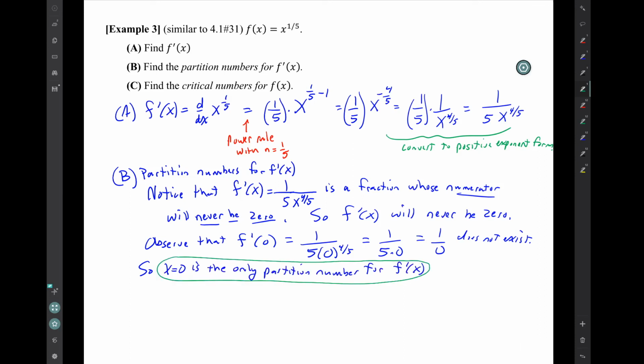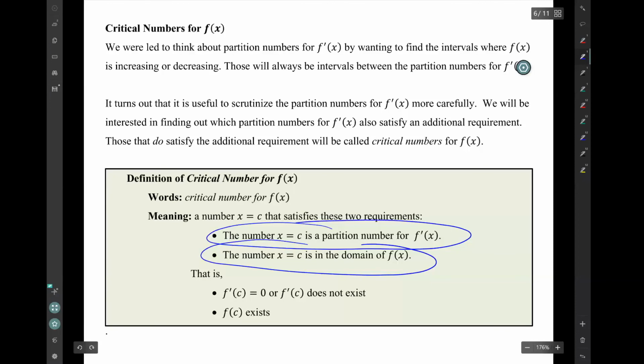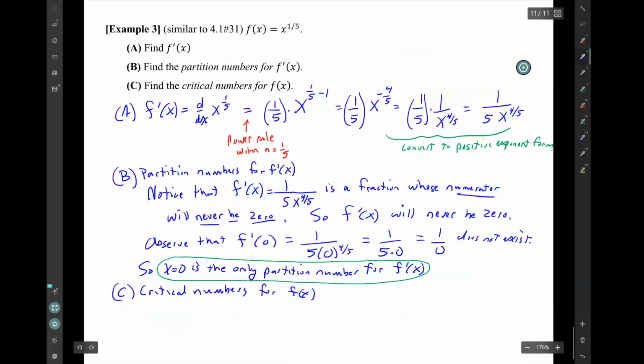Now let's go on and answer question C. We have to find the critical numbers for f of x. Let's go back up and review the definition. We're looking for x values that are partition numbers for f prime and that are also in the domain of f of x. So we have only one x value to investigate, x equals 0.